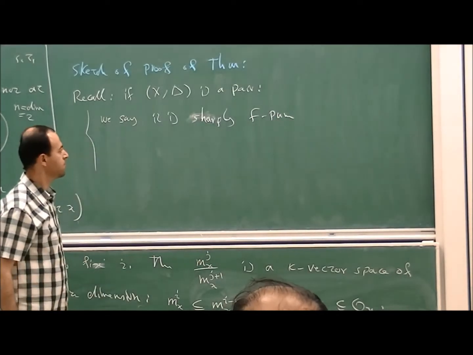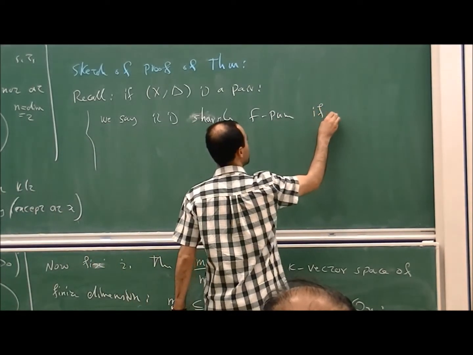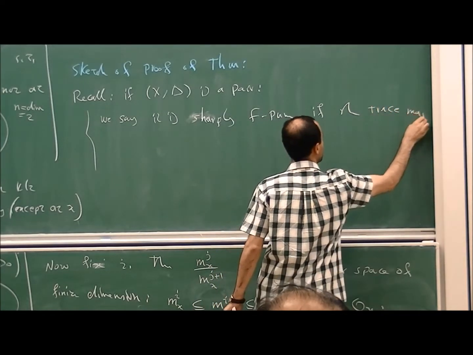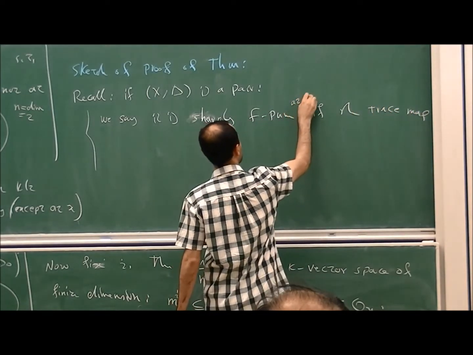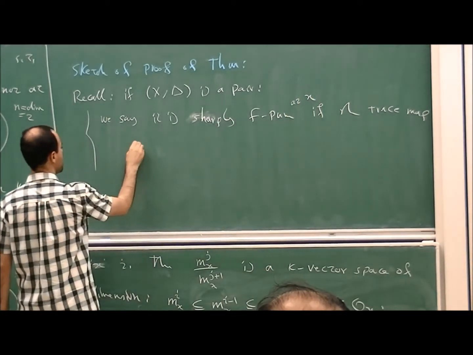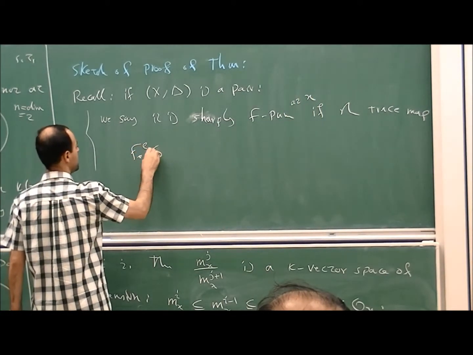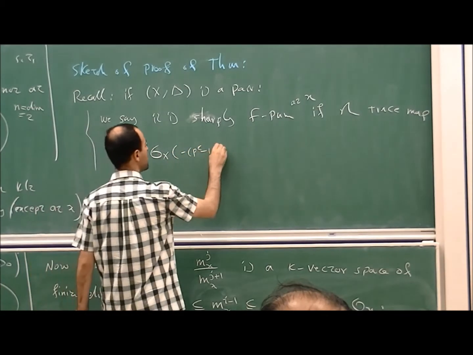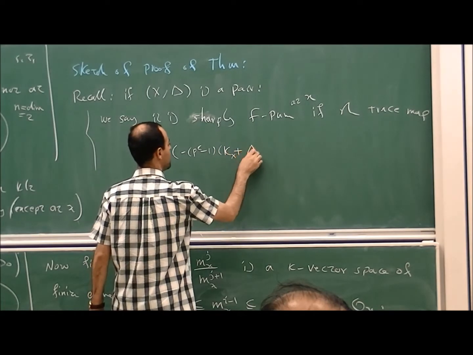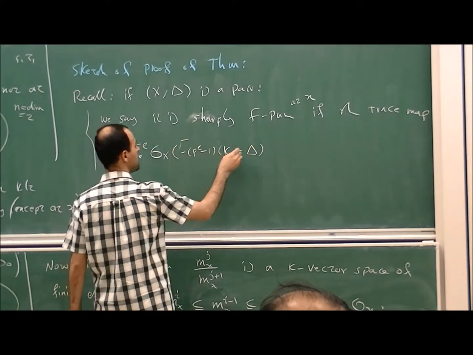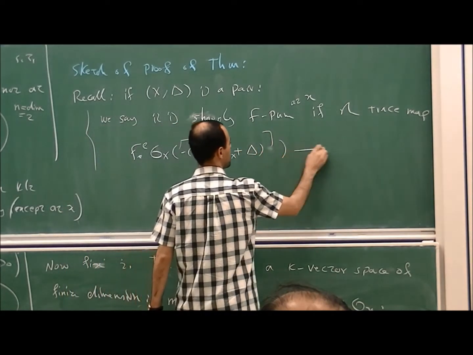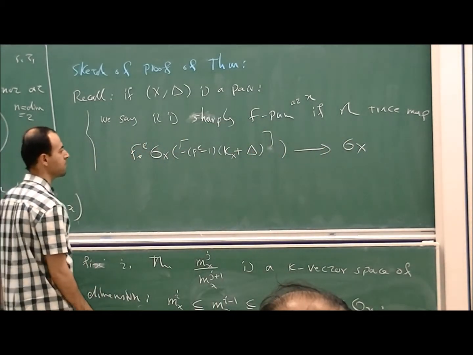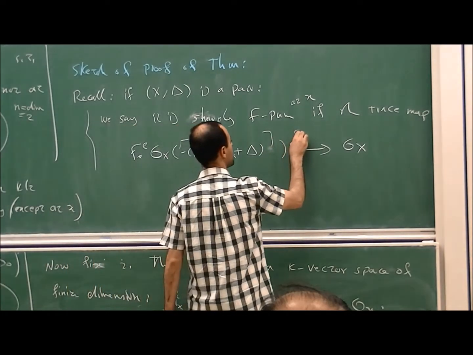This comes from lecture 4. And the trace map, which is from F^e lower star O_X of ((1 - p^e)(K_X + delta)) rounded up, so you have a trace map to O_X, and we say that this is surjective at the point x.